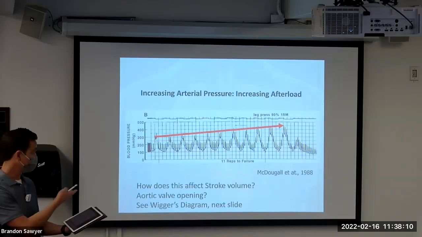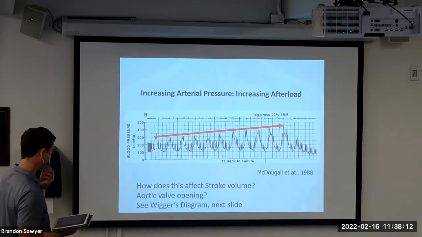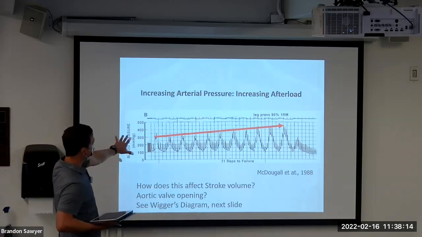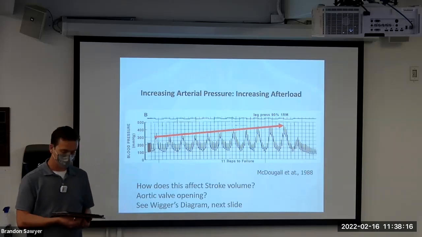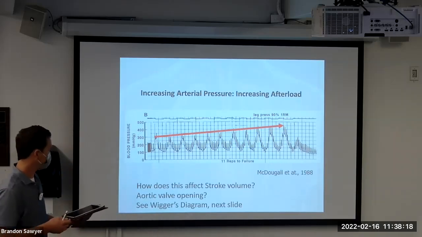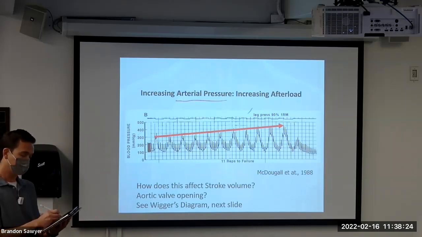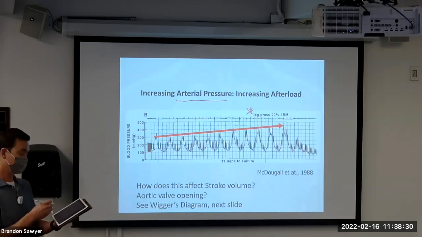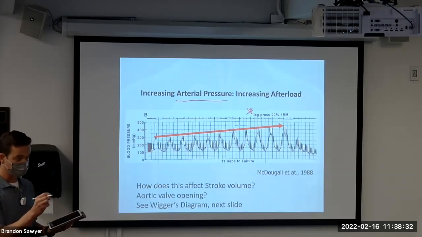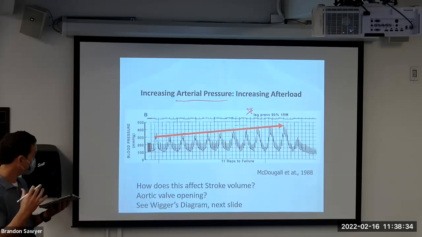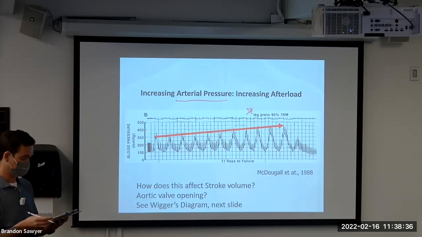Good. Okay, so this is what I was just mentioning with the increasing arterial pressure. This was actually from a study where they measured intra-arterial pressure while somebody was doing a leg press at 90% of 1 rep max. They're doing about 11 reps to failure, with an intra-arterial pressure monitor measuring how much pressure is in the arteries.